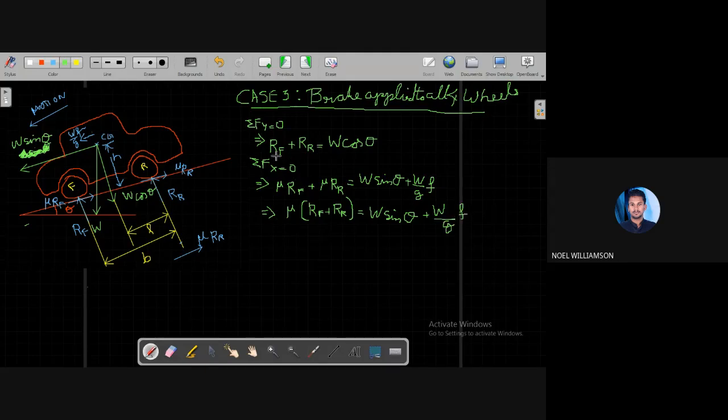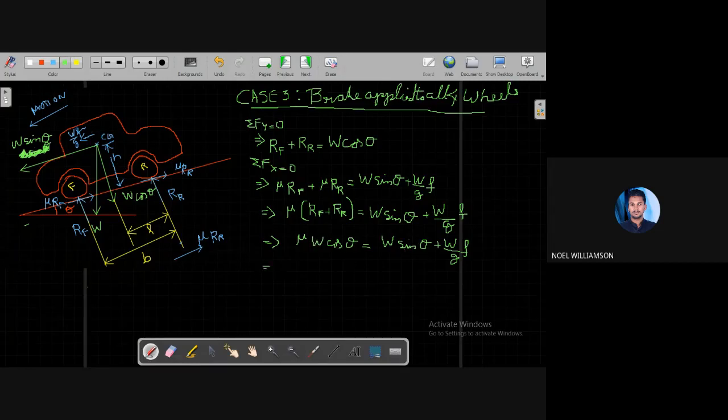Now from the first relation you get Rf plus Rr equal to W cos theta. So you can substitute this value here and make this mu into W cos theta equal to W sin theta plus W by g into f. You can take W as common and cancel it.